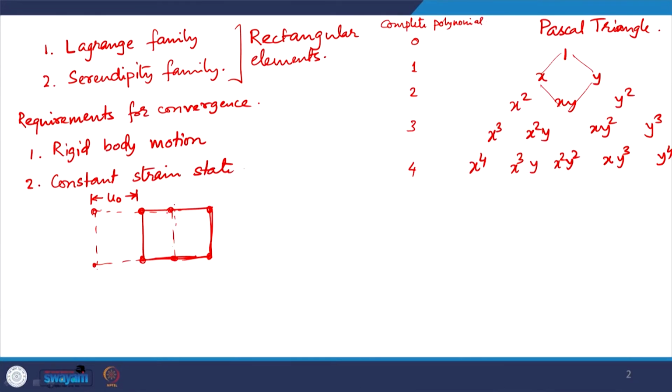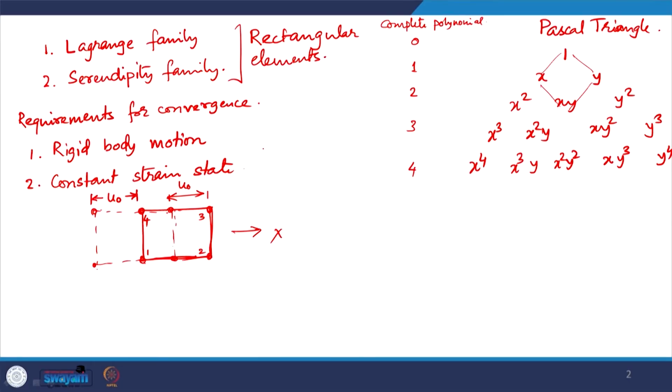So, every node, u 1 is moving by u 0 along the x direction, and in the y direction the displacement is 0 for simplicity. So, the displacement of node 1, node 2, node 3, node 4: node 1 moved by u 0, node 4 also moved by u 0, node 2 moved by u 0 and node 3 also moved by u 0. So, the entire block moves as a rigid body, there is no relative deformation. So, there is no straining in the element.